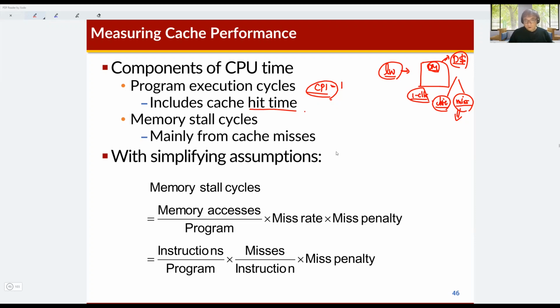Then if we consider a more realistic memory system, or memory hierarchy, for this processor architecture, we need to consider the memory stall cycles. That means the miss cases, cache misses. So what are the memory stall cycles?